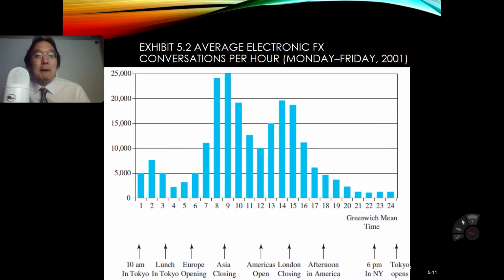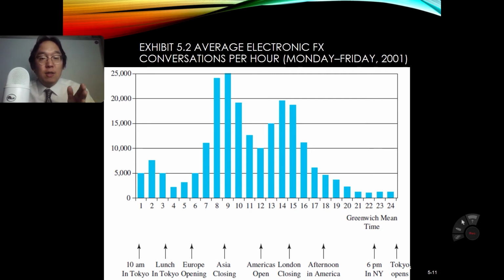Why? Because intuitively you can see that the earth goes around and around, and at any given point of time, some part of the world is experiencing daytime. They are more active during the daytime, buying and selling, all those things.